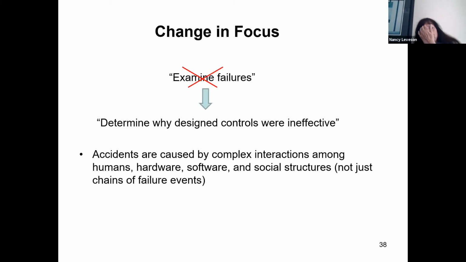This afternoon, the two people doing the example will present an aviation example, but the next one I'm going to do is a hospital one. It's a field we haven't focused on much so far in this tutorial this week. So again, it's a change in focus from examining failures to determining why the controls were ineffective.